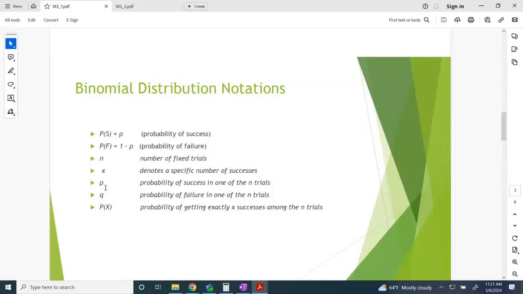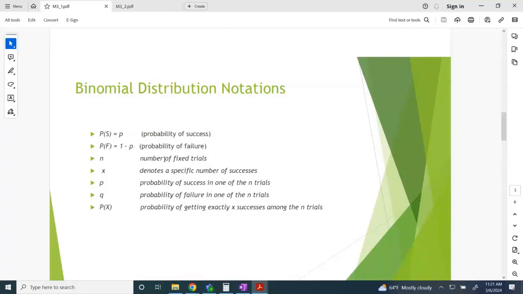They'll give you P. They will also give you N, right, in the problems. And taking a look at the notations, N is the number of fixed trials. So by fixed trials, they mean N could be the number of people sampled. Okay, so N would also be given to you.